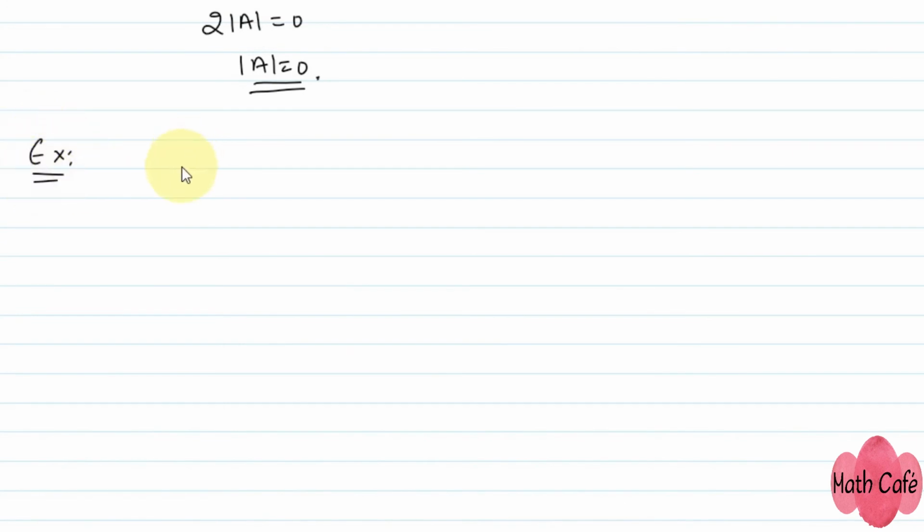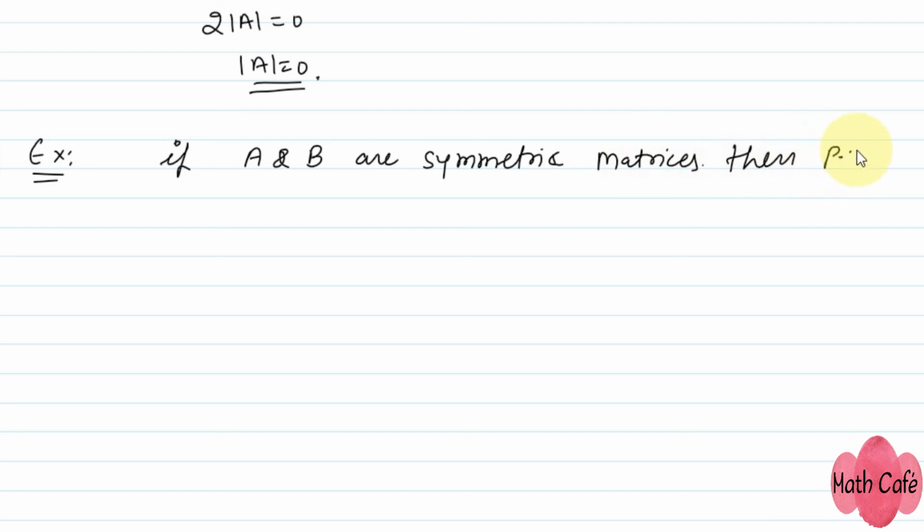It is given in the question that A and B are symmetric matrices. Then first we need to prove that AB plus BA is a symmetric matrix.